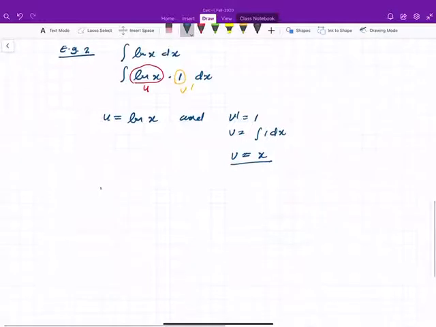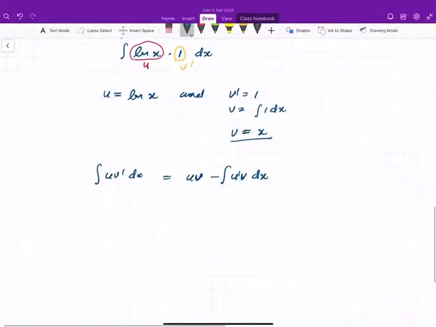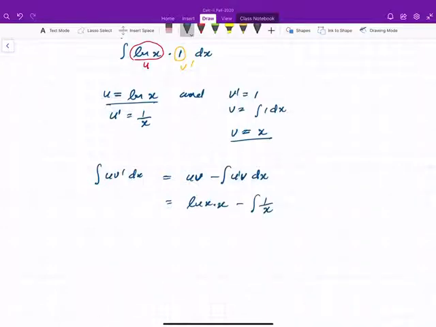The formula says integration u times v prime dx is u times v minus integration u prime times v dx. Alright, so you write u times v, u is ln x and v is x, and then minus u prime should be 1 over x, and then v should be x dx.